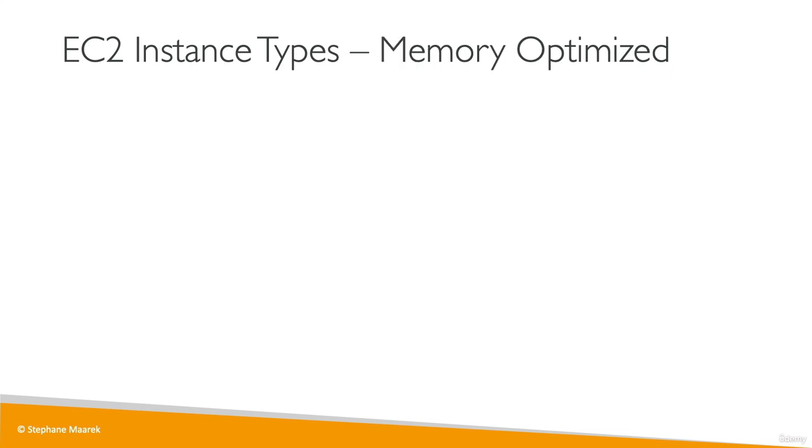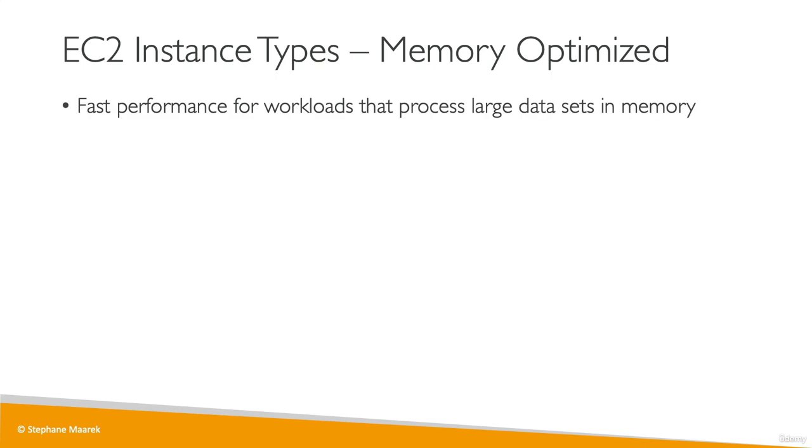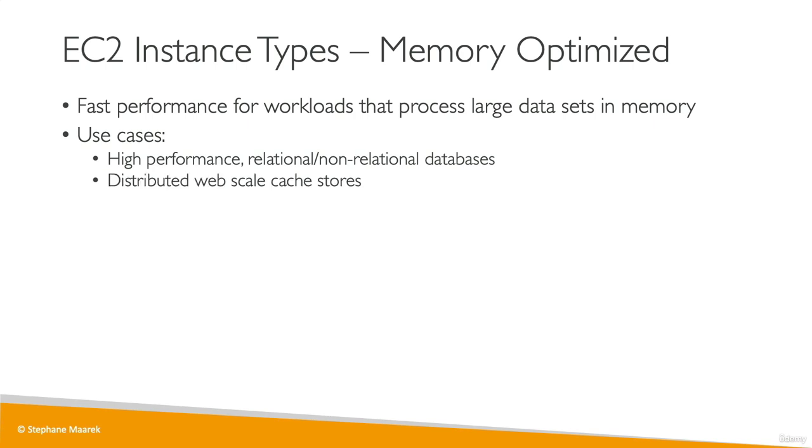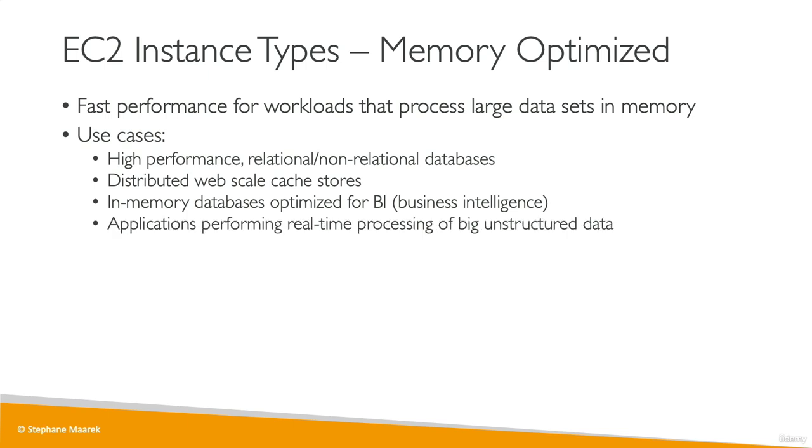Next, we have some EC2 instances that are memory optimized, and they are going to have really fast performance for workloads that process large data sets in memory. Memory means RAM. The use cases are high performance relational or non-relational databases that are mostly in-memory databases, distributed web scale cache stores, for example ElastiCache, in-memory databases optimized for business intelligence or BI, and applications performing real-time processing of big unstructured data.